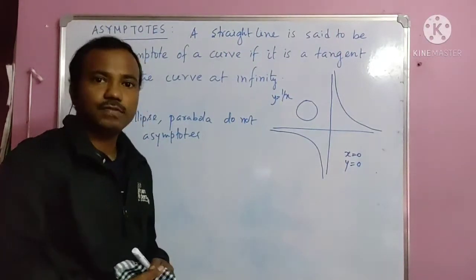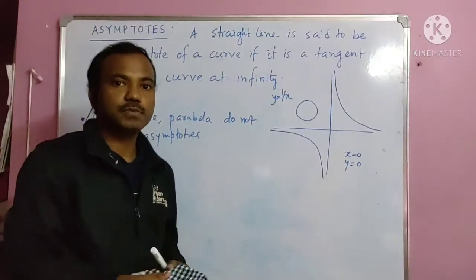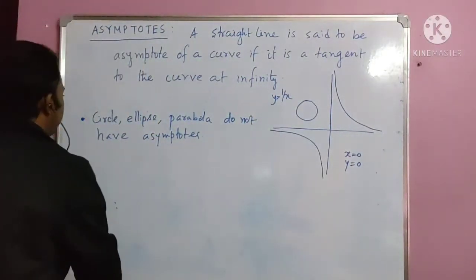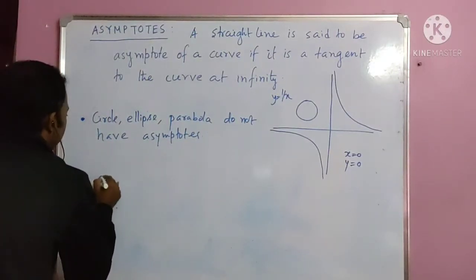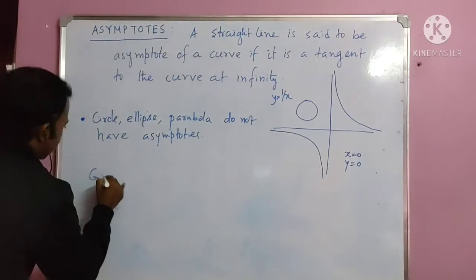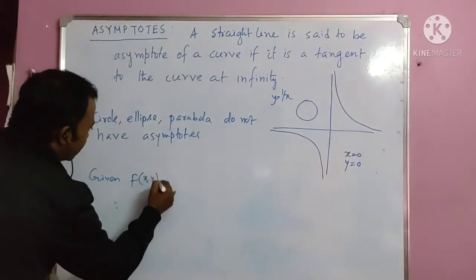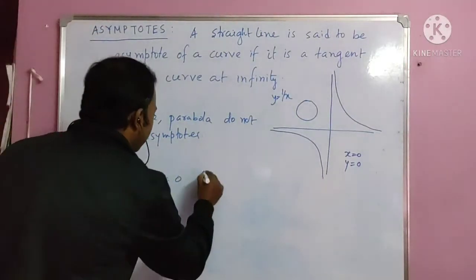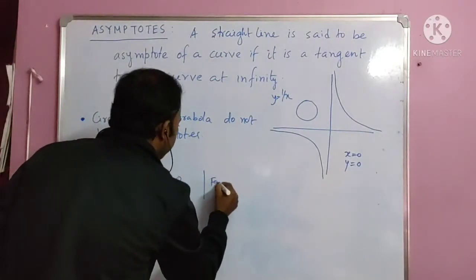So next, for a given curve, the question comes: how many asymptotes can we have? Suppose the given curve is f of x, y equals 0, and for understanding, take a particular f.